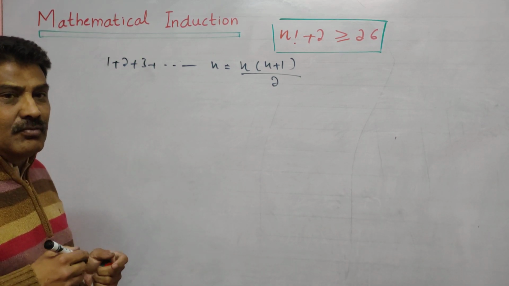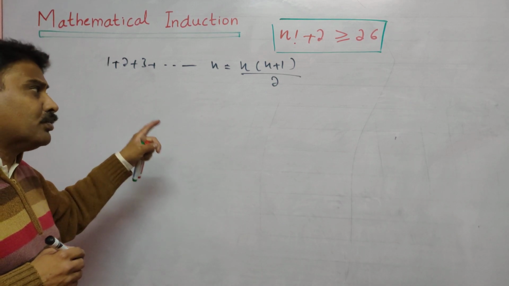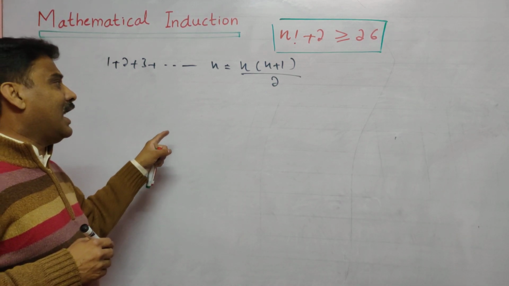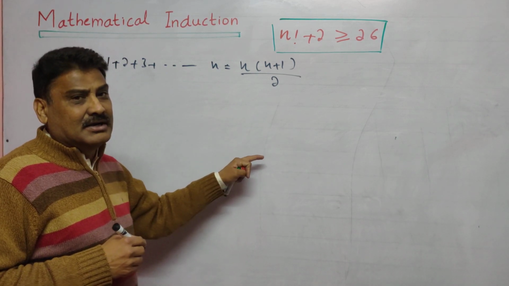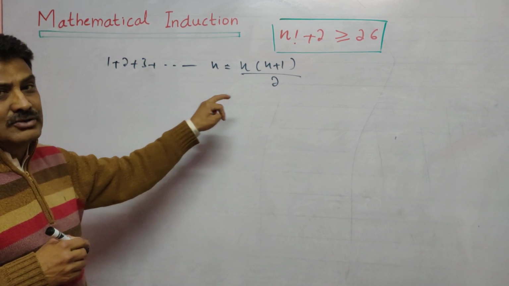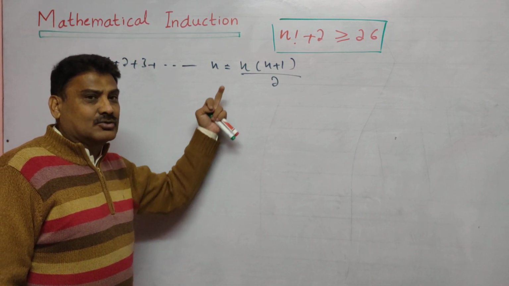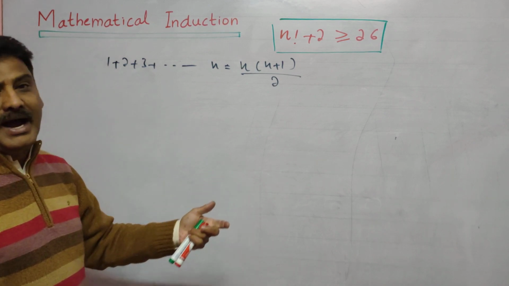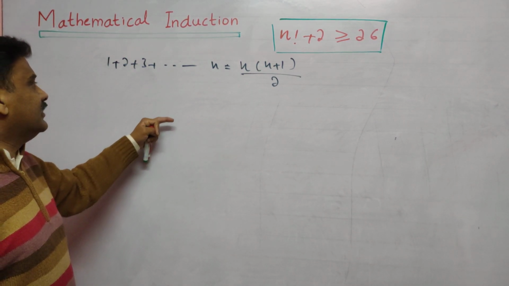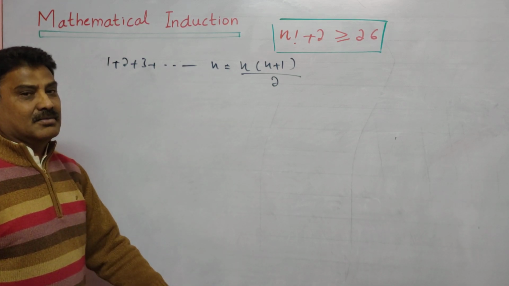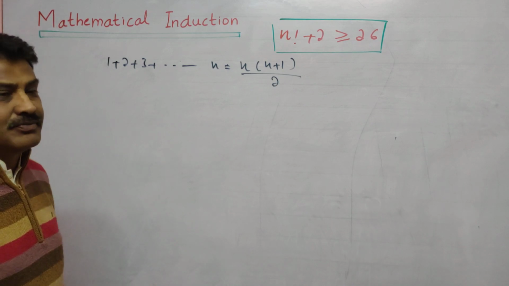In the last step, we have to prove, not assume, that it is true for n equal to k plus 1 on the basis of our previous assumption that it is true for n equal to k. When we prove that it is true for n equal to k plus 1, it will prove that it is true for all positive integers. Hence, this is the induction method by which we can prove that a statement is true for all positive integers.